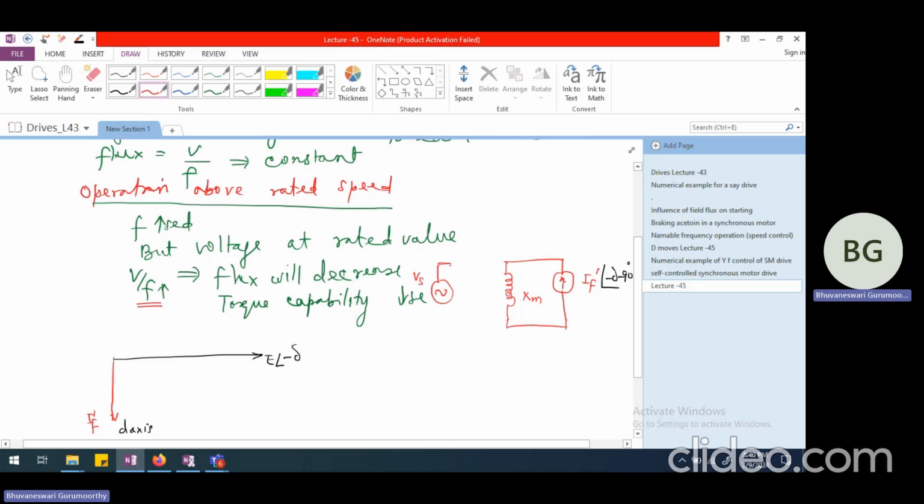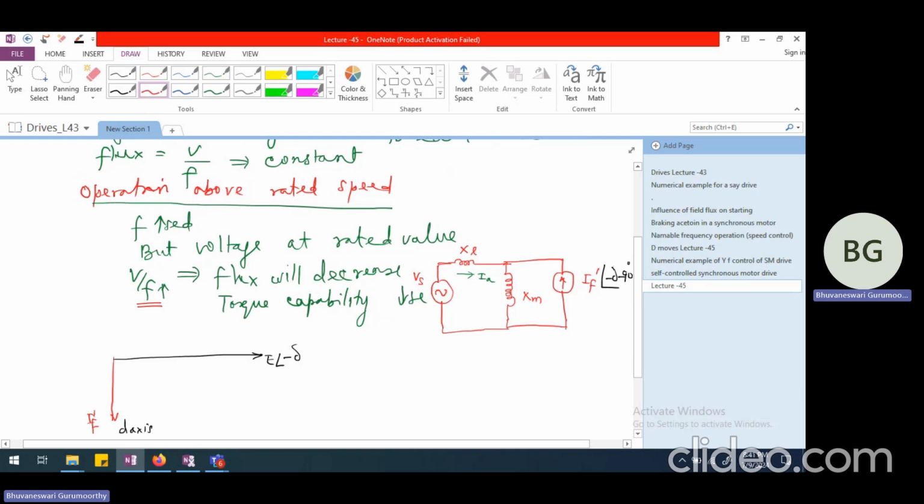If we consider resistance to be negligible, we'll have at least a leakage reactance drop XL, and that is going to pass a current IA, the armature current. This is what we drew as the equivalent circuit, if you may recall.